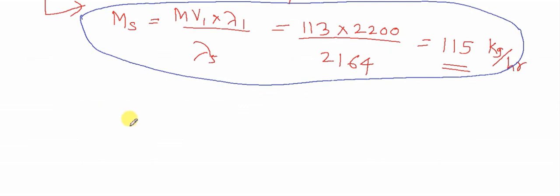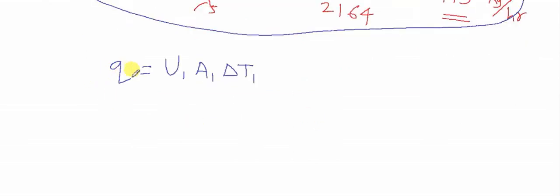Okay, now we'll go for the calculation of area. We have this equation, Q is equal to U1 A1 delta T1. This is the first one, suppose. You know the value of U1, and this Q will be ms into lambda s. We know the value of ms into lambda s.